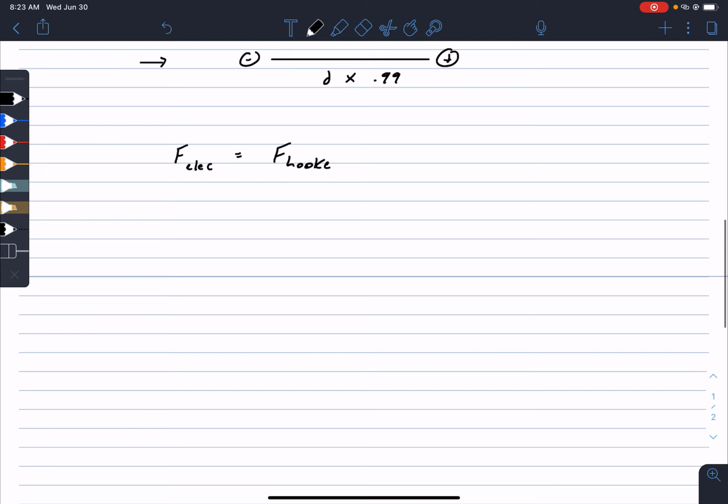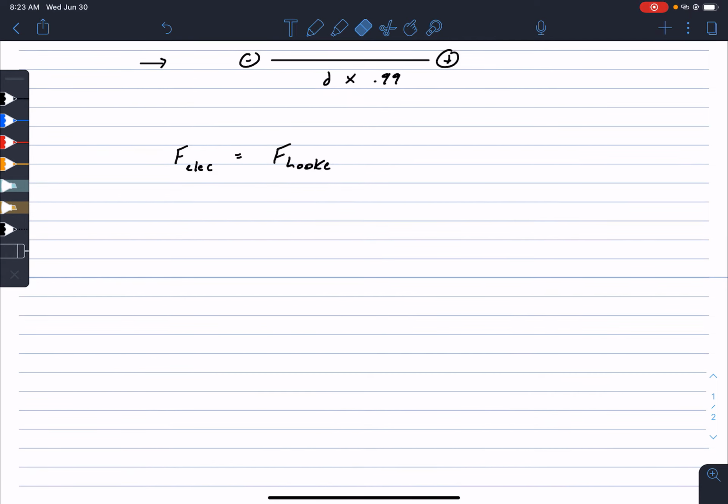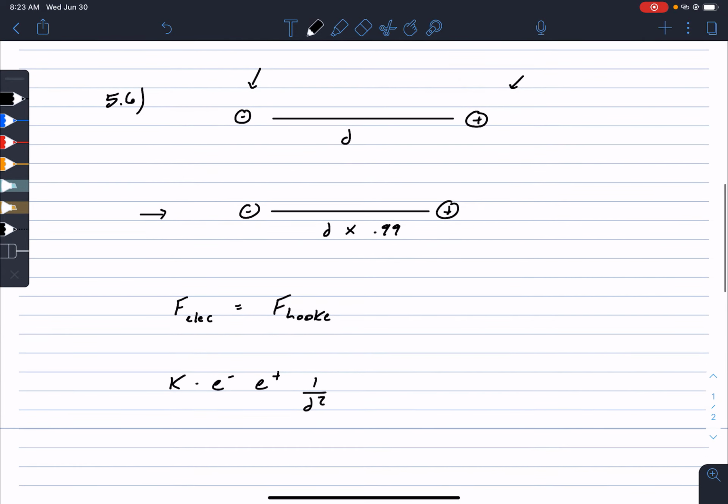Right, we have Hooke's law and we have our electric force. So in this case, for the electric force, we have K times our positive charge and times our negative charge, the two charges, right, over d squared, which would be the total distance here. This is where our electric force comes in.